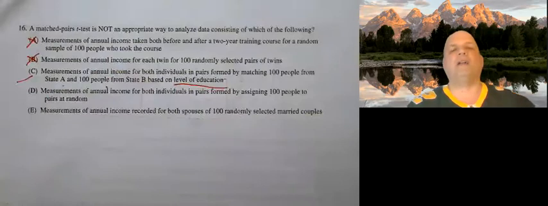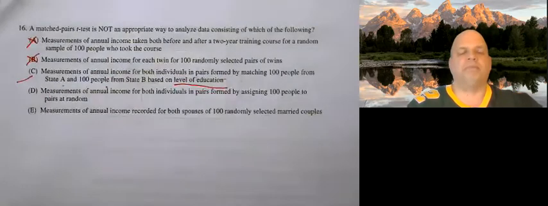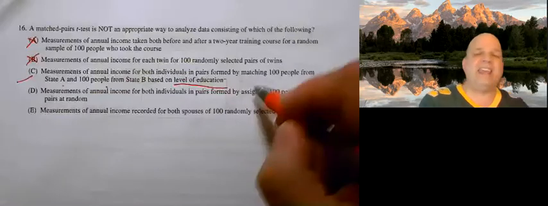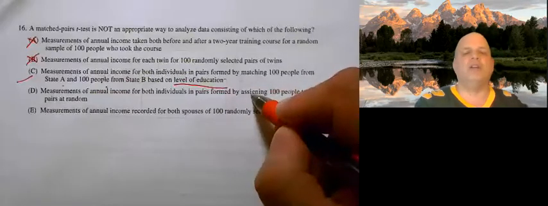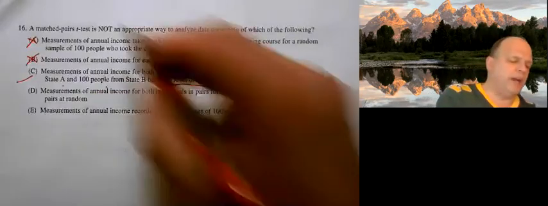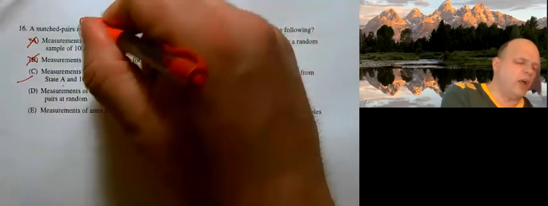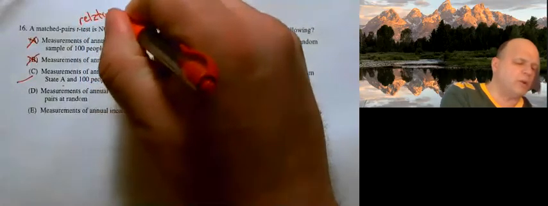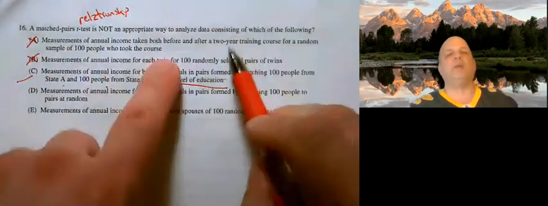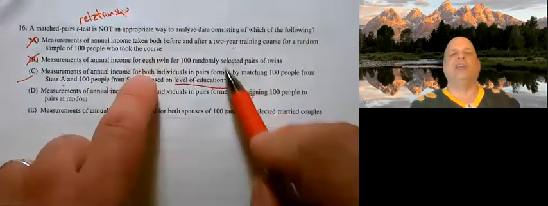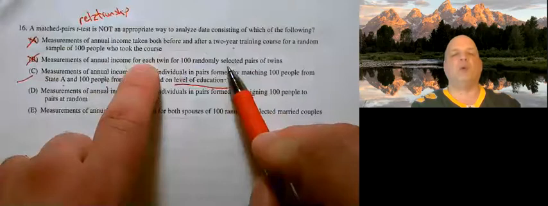Possible. We'll come back to that one. We'll talk about that in a moment. Measurements of annual income for both individuals in pairs formed by assigning 100 people to pairs at random. Here, there is no relationship, none whatsoever. To be a paired test, we need some sort of relationship. Here, it was me. I was tested twice. Here, it was my twin. My twin and I were tested twice.